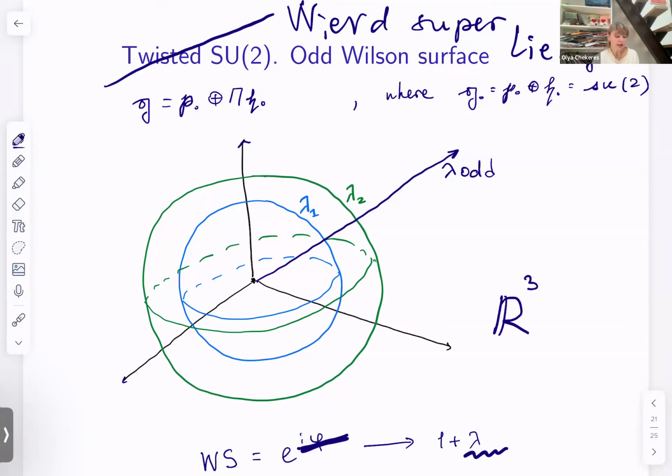If we want to look at an algebra corresponding to that, let's say we take our SU2 algebra, we decompose it into U1 and its invariant complement. And now what we do, we shift the parity of the invariant complement. So we get something which we called later weird SU2.